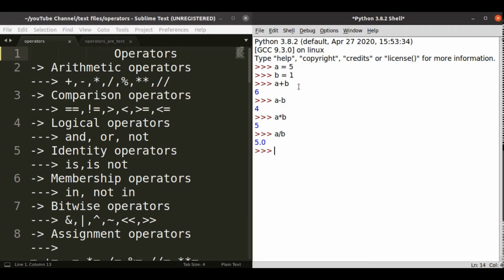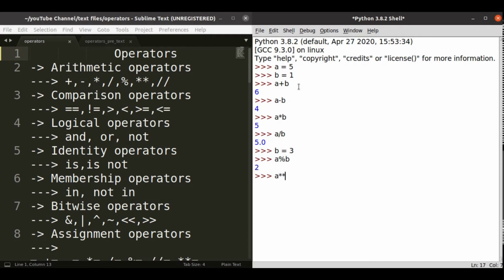Let us change the value of B to 3. Now A modulus B returns 2, because whenever 5 is divided by 3, the remainder is 2. That's why A modulus B is 2. Now the exponential operator, A double asterisk.